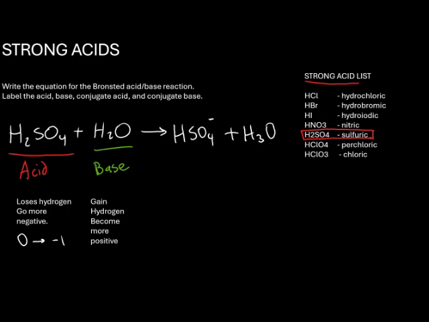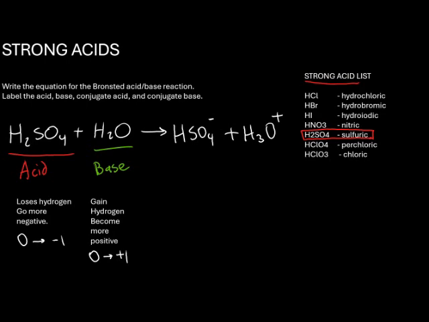Now we have H3O. Also, we're becoming more positive. On the left side, water begins with no charge, so we start with a charge of 0. If it becomes more positive, we're going to go more positive by 1 step and go up to +1. To symbolize that, we'll write a plus sign.